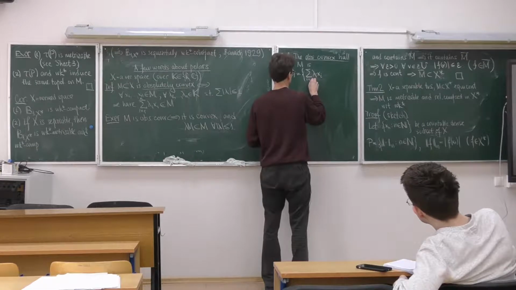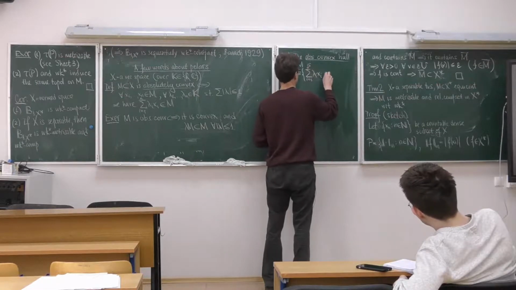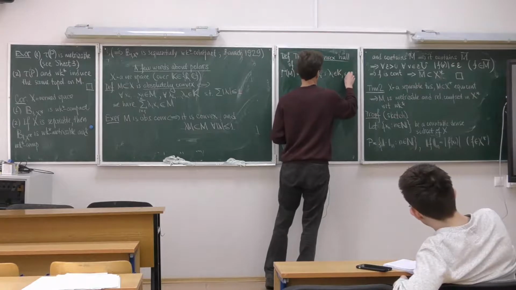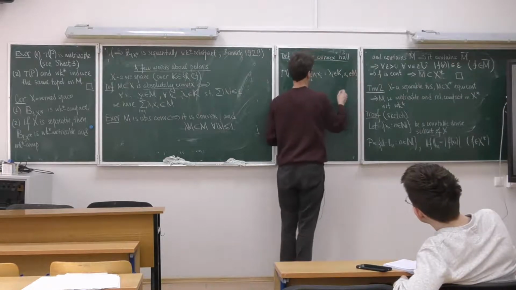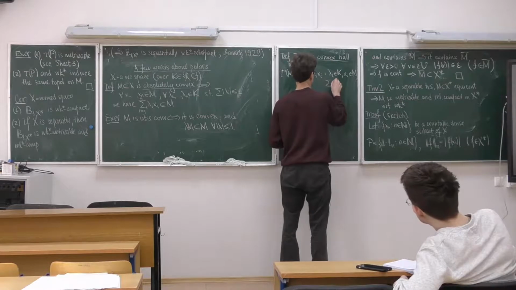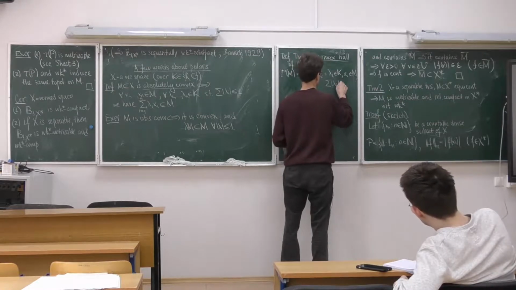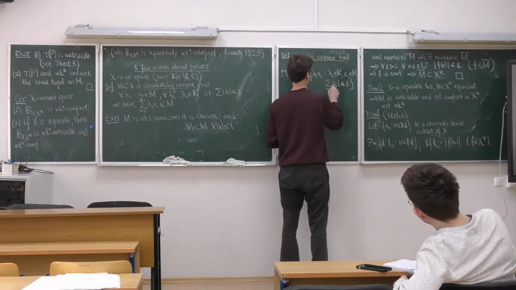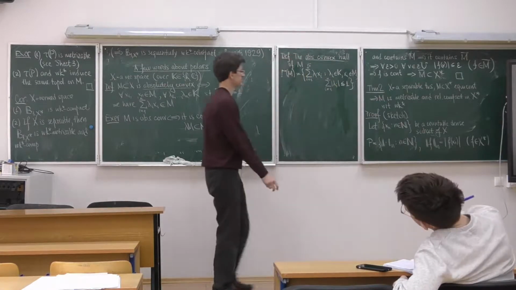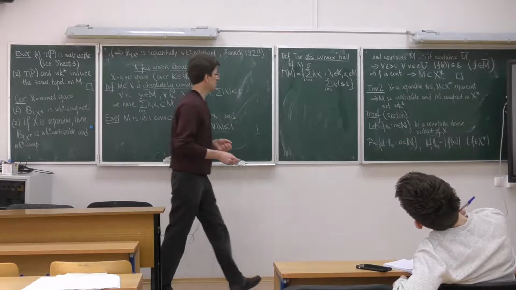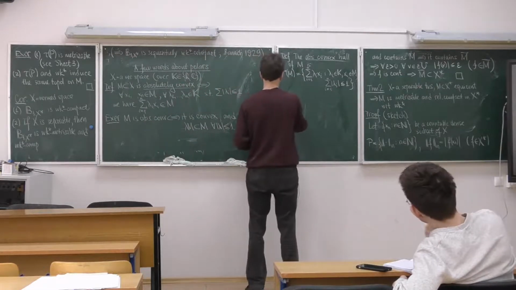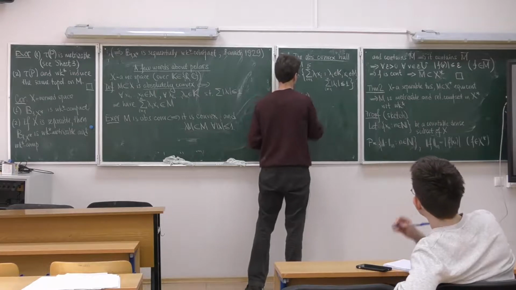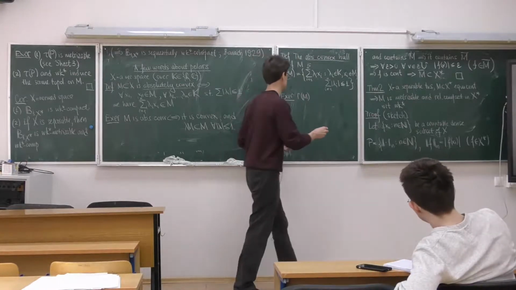So we consider all linear combinations where lambda i are in K, xi belong to M, and the sum of the absolute values of these numbers is less than or equal to 1. And it's a simple exercise to show that the absolutely convex hull is the smallest absolutely convex set containing M.